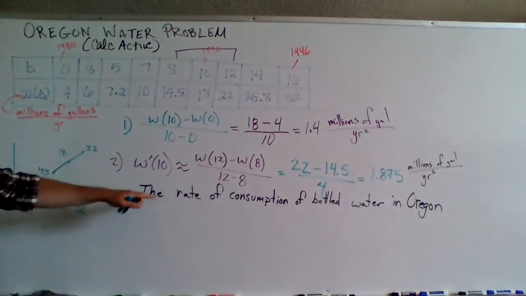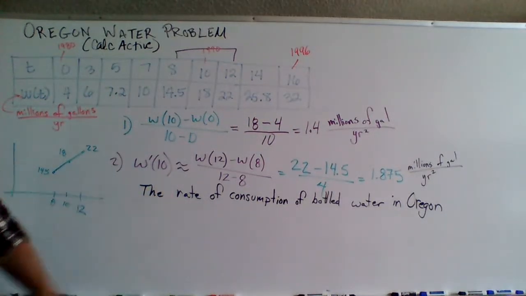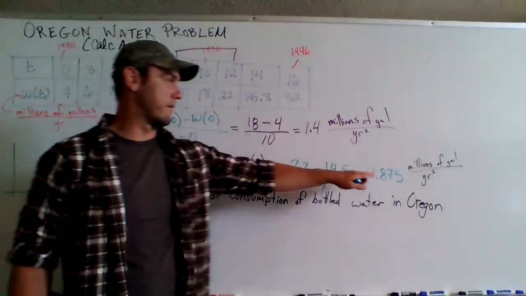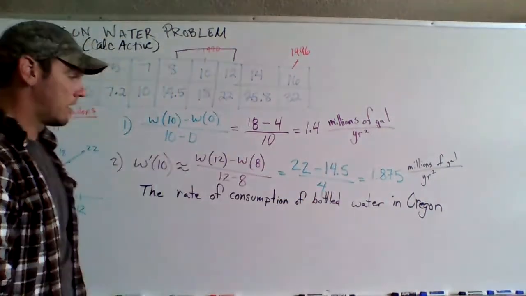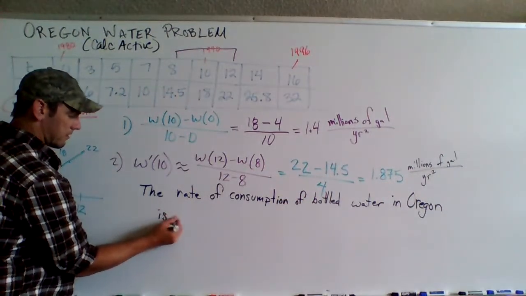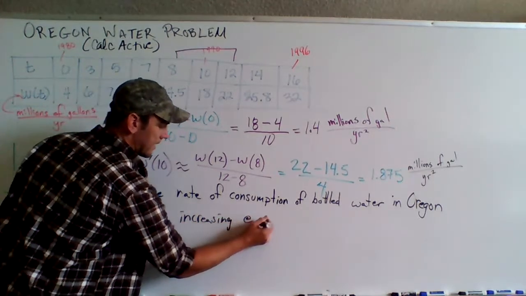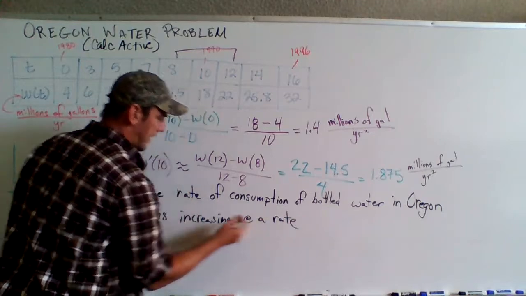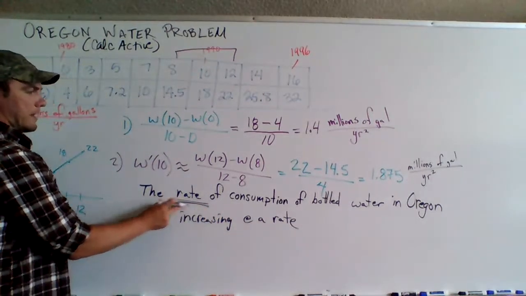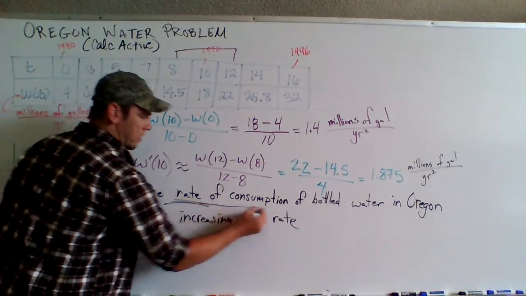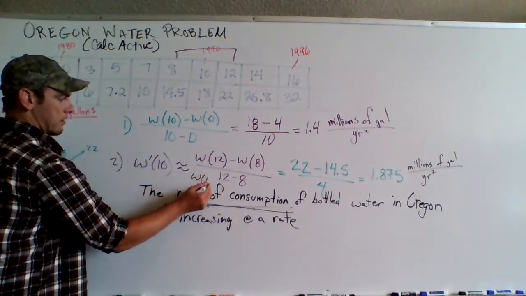So that's just what we're talking about. This was our derivative of that, which is positive, so we would say it is increasing at a rate. That's what you have to have here, the rate of consumption, because that is really what W is.